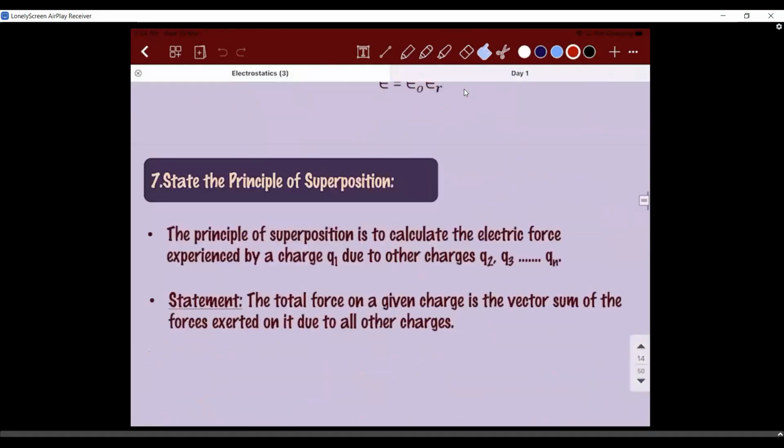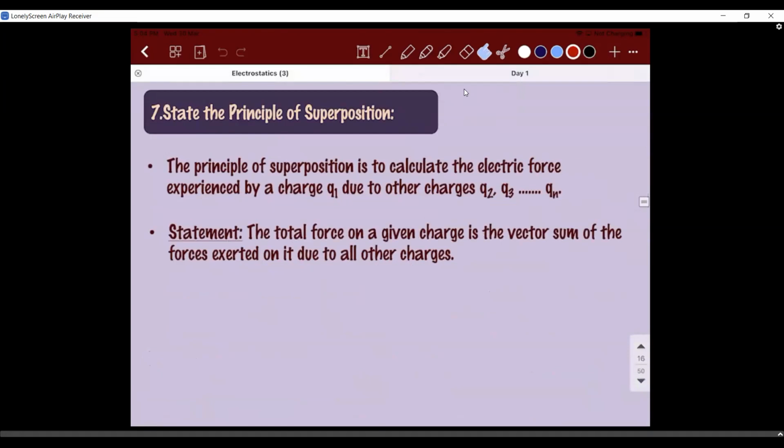So the next topic that we are going to see is, from the concept of Coulomb's law we understood that the minimum number of charges required to define Coulomb's law is 2. Whereas with respect to the same Coulomb's law, how do you find the force if there are more than 2 charges?